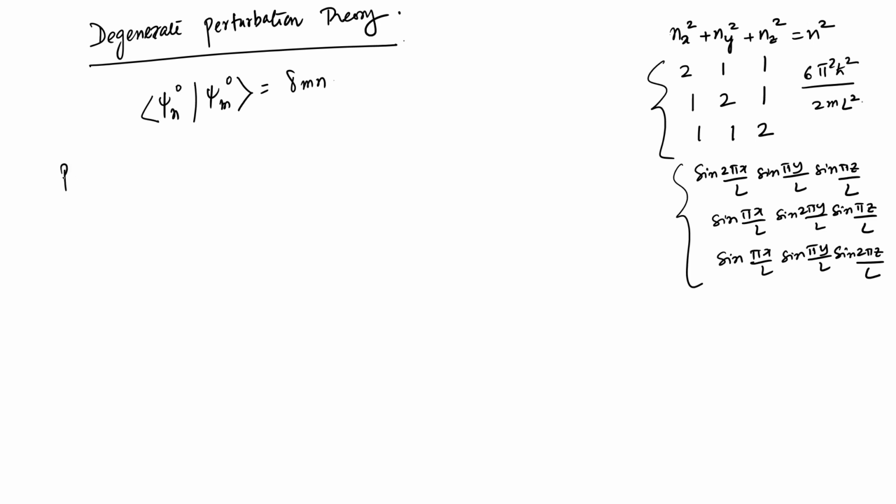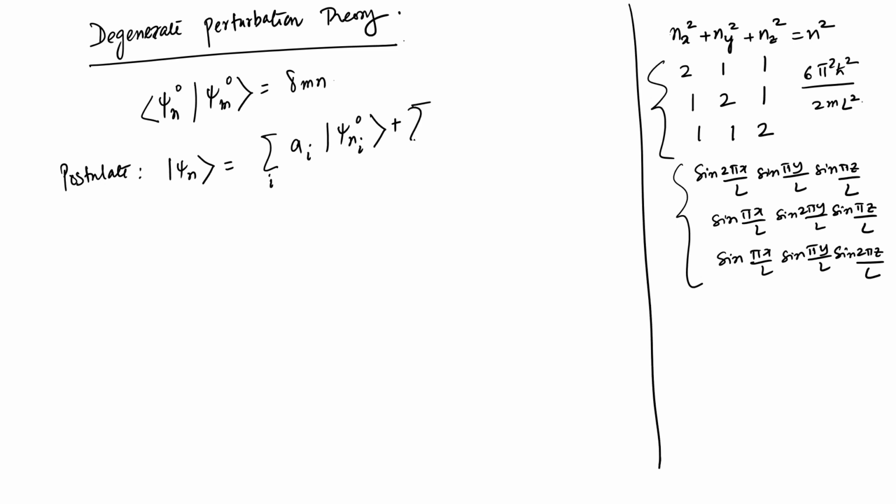So, we make a postulate for the total wave function: we have a psi n, and there is a sum over I, a I psi n I 0, plus a sum over k, which is not equal to n, with a c n k lambda, and then a sum over I, b I, and psi k I 0.